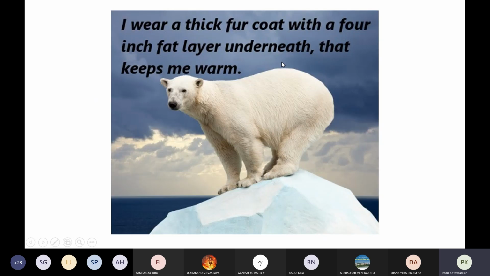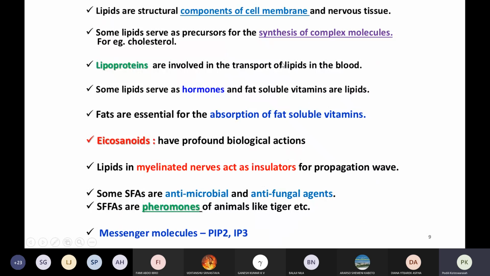And as I already said, the lipids are also components of the cell membrane and also the nervous tissue. Some simple lipids are the precursors for the synthesis of complex molecules like cholesterol, and the lipoproteins.